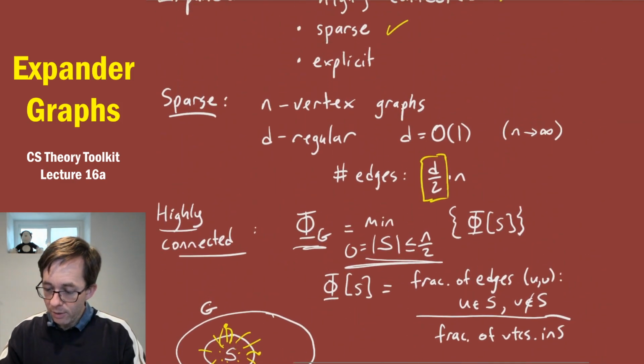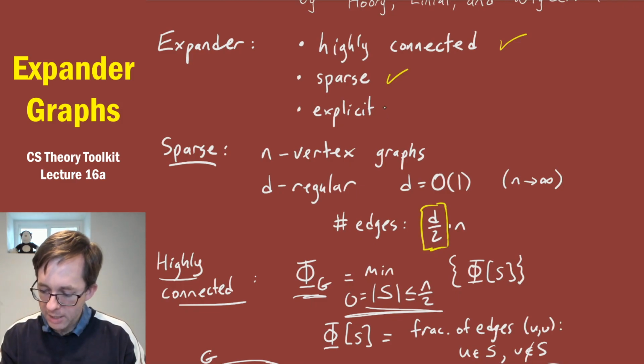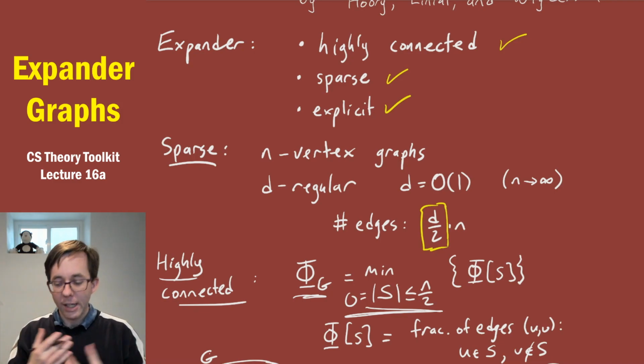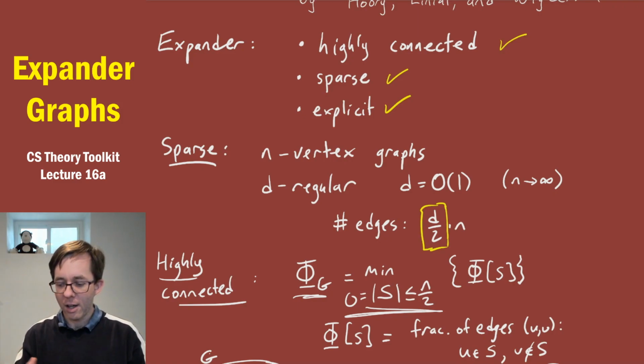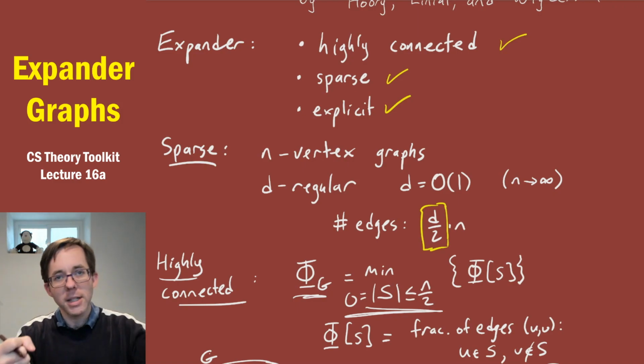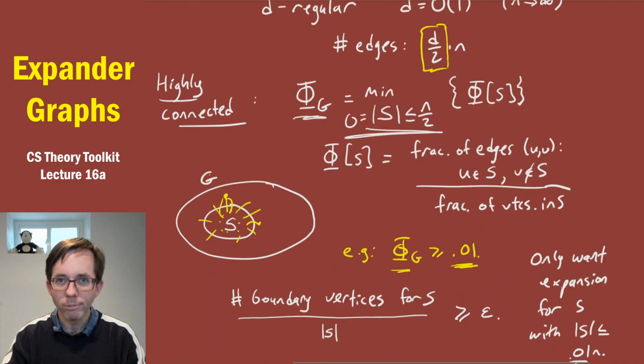Which leads me to the final desiderata, which is explicit. So having these sparse, highly interconnected graphs is great for applications, but often you don't want just a random graph. You don't want just the existence of a highly connected sparse graph. You really want to say, here's my n, you deterministically give me a graph on n vertices that's a great expander.